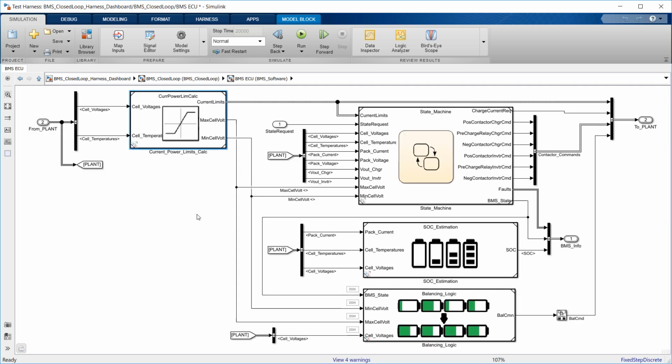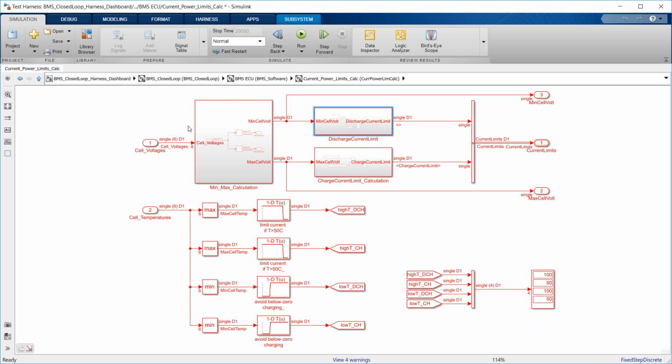The subsystem on the left uses individual cell voltages and temperatures to calculate maximum allowable charge and discharge current levels. When a cell is at low SOC, its voltage is low, and it is important to prevent the cell from delivering a large amount of current, since this would cause an excessively large voltage drop that could potentially be below the cutoff voltage specified by the cell manufacturer.